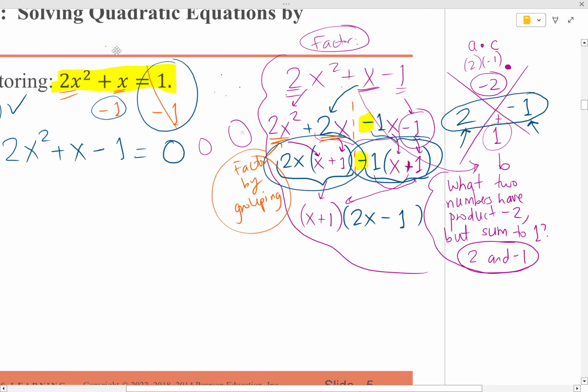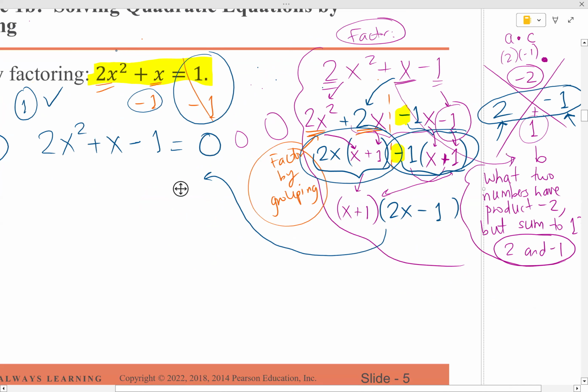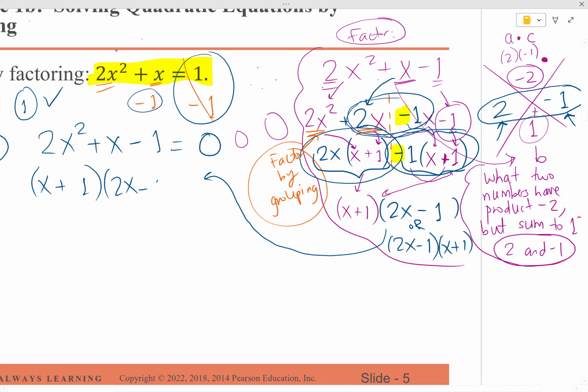At this point, if you had written these two numbers in a different order, instead of 2x and then minus 1x, if you had written minus 1x and then 2x, that would have been fine. Your answer just would have been the opposite factors: 2x minus 1 on the left and x plus 1 on the right. Either way, you get the same answer. It doesn't matter what order these factors are in, as long as I have the plus 1 with the x and the minus 1 with the 2x.